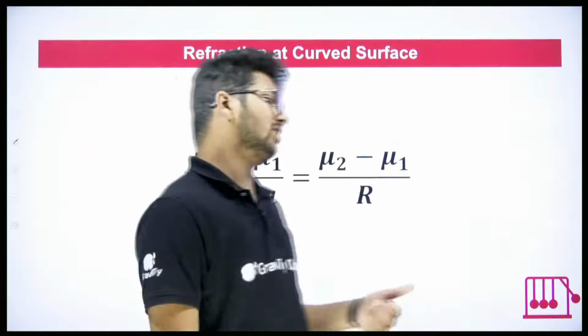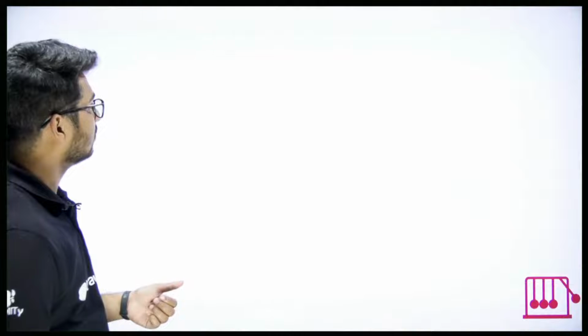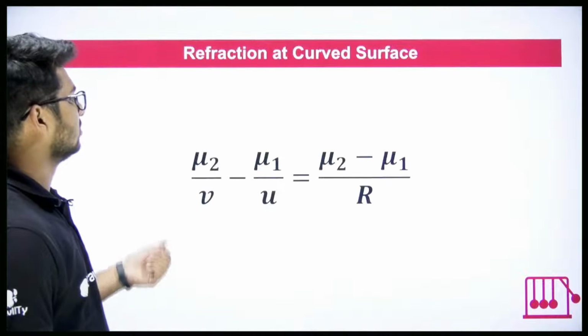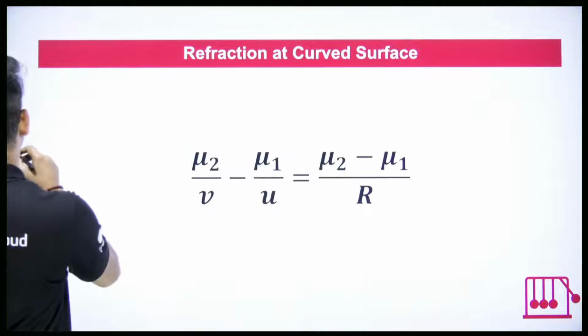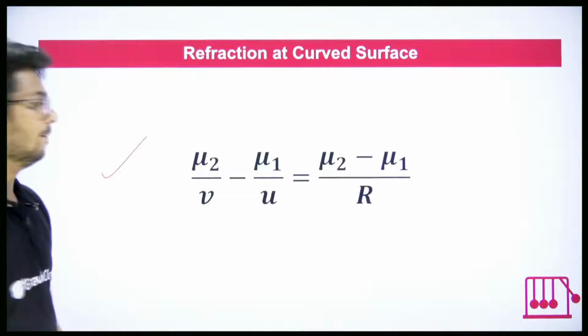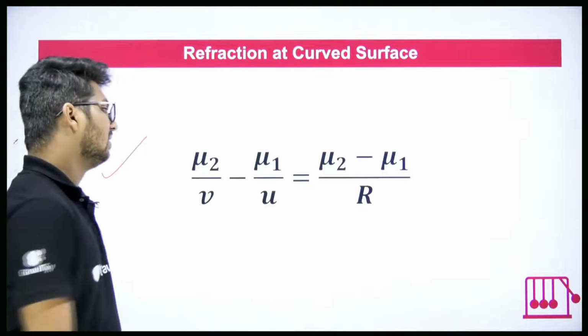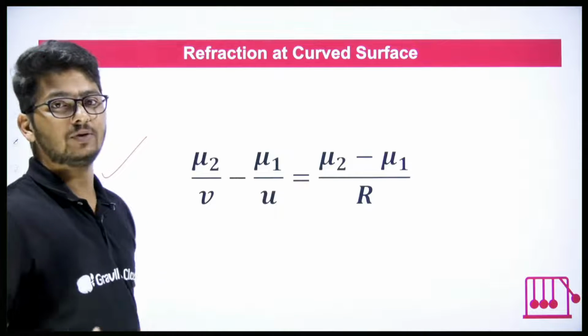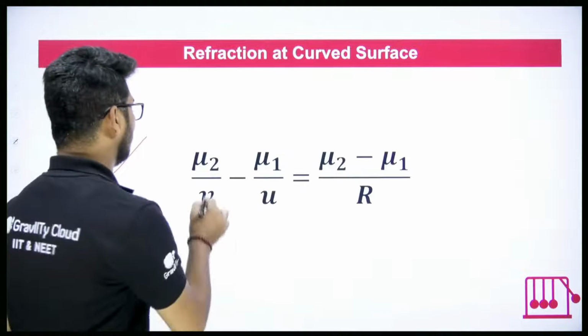And for that we use this formula, mu2 by v minus mu1 by u is equal to mu2 minus mu1 by r. It's an interesting formula. Now we know what v is.